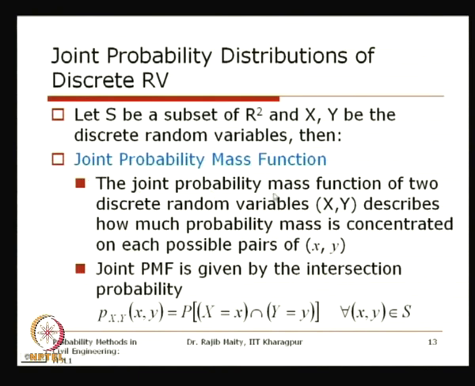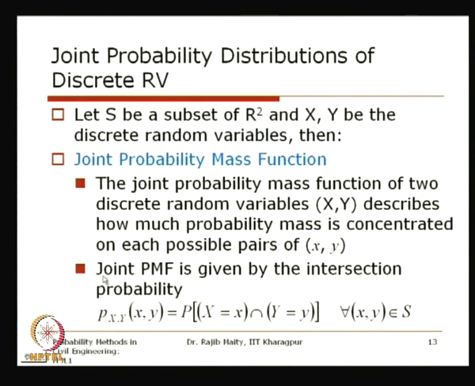The joint probability mass function of two discrete random variables X, Y describes how much probability mass is concentrated on each possible pair of x, y. Only some possible pairs exist, so at that point it is not a density, as against the continuous random variable; it is the probability mass concentrated at that point, as we discussed earlier in the pictorial view.